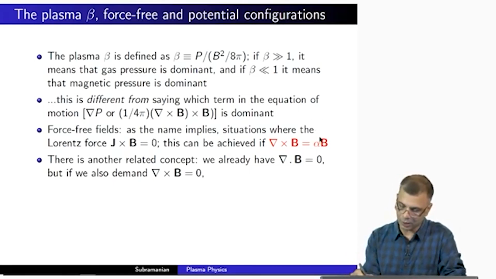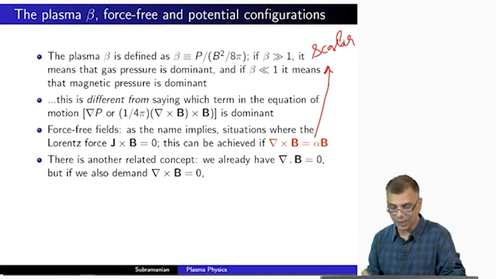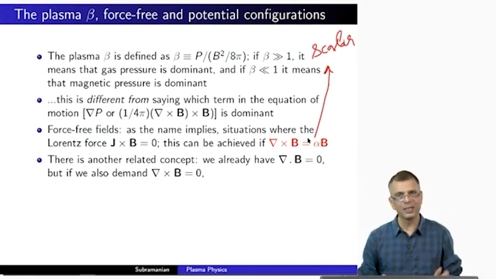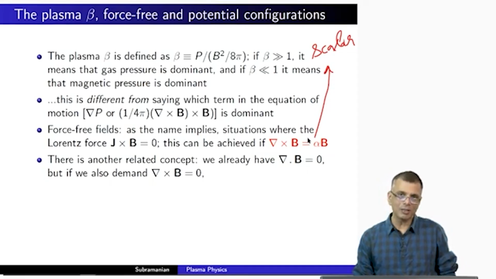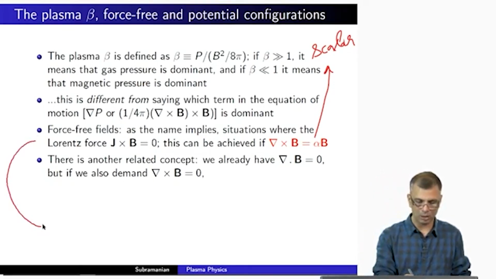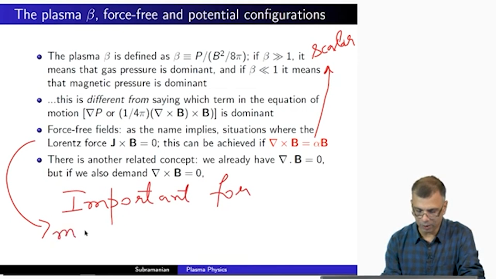So, this alpha has to be just a simple scalar constant. If that is the case, then you have force free fields. So, these are very important, not merely as a theoretical curiosity, but also important for magnetic confinement.